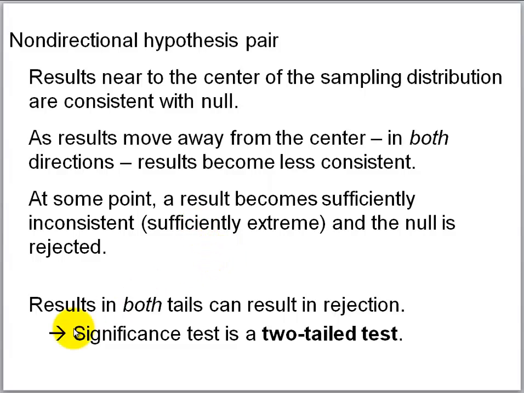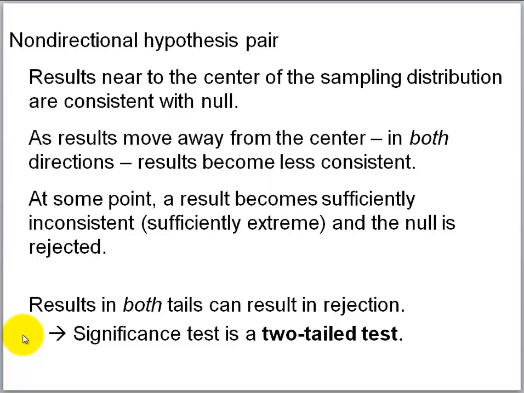So I guess we do need a definition, which is the definition of a two-tailed test. When results in both directions can result in rejection of the null, the significance test is a two-tailed test. Two-tailed tests go hand in hand with non-directional hypothesis pairs.